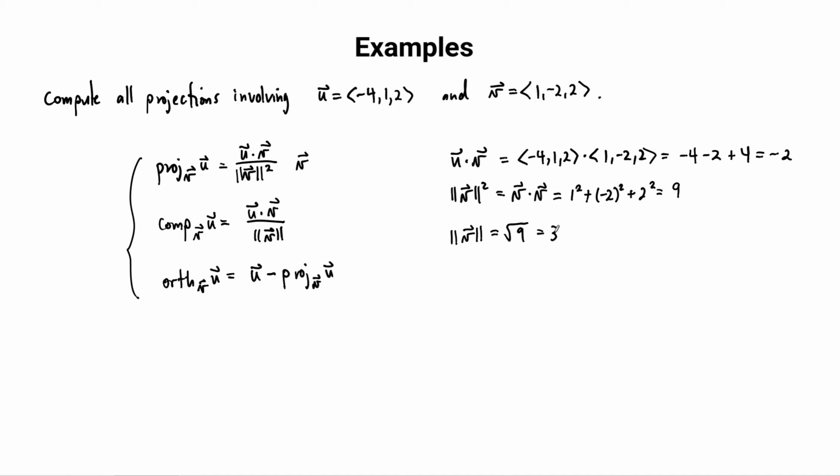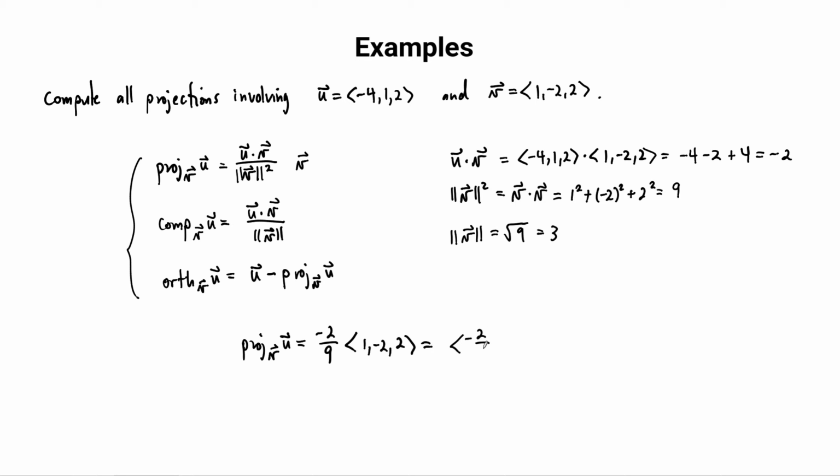All right, this information can be used to build the first two of these, and then we just have to do a little subtraction to get the rest of it. So let's start with the projection onto v of the vector u. I'm not going to rewrite the formula, just plug the pieces in. So it's -2 divided by 9 times the vector v, (1, -2, 2), and I'm going to distribute this out.